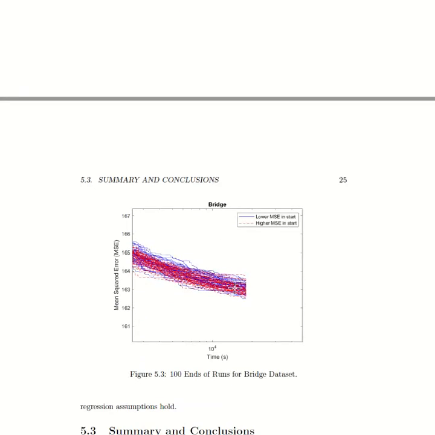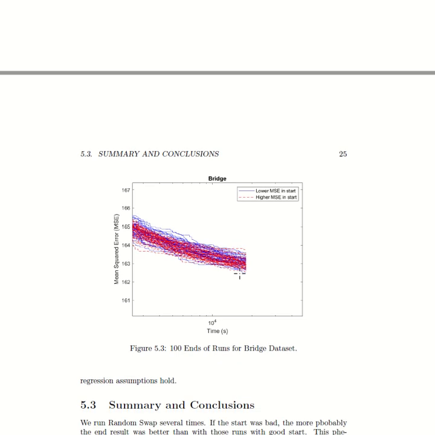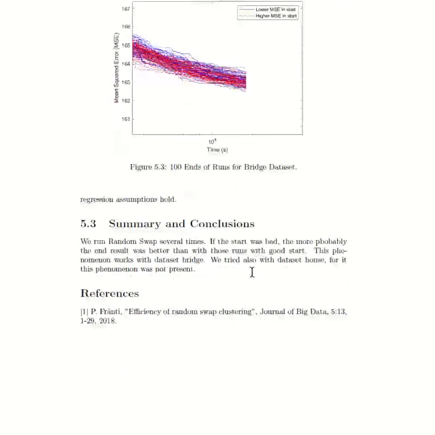The worst comes best in the end, and the best in the beginning, the blue curves, comes worse. This is only for this dataset, bridge.